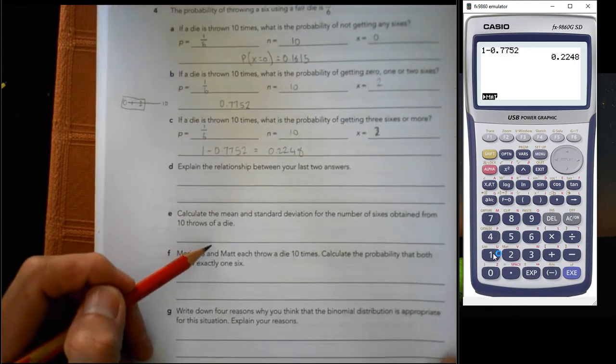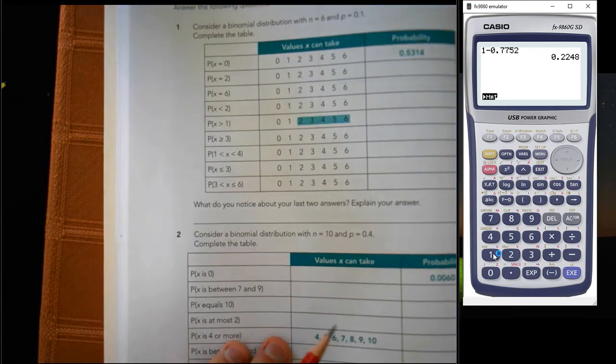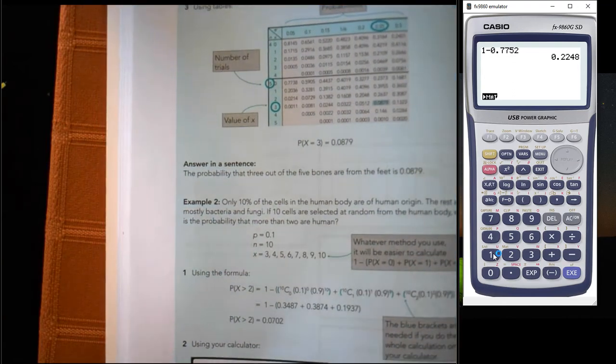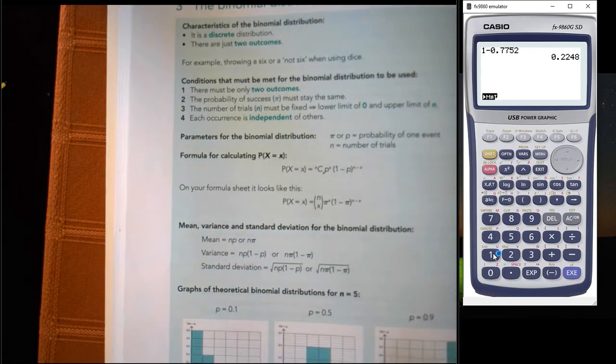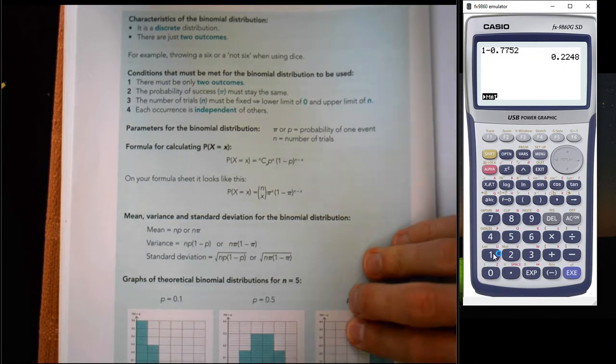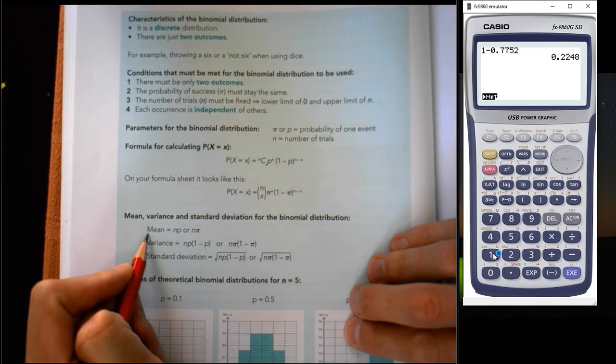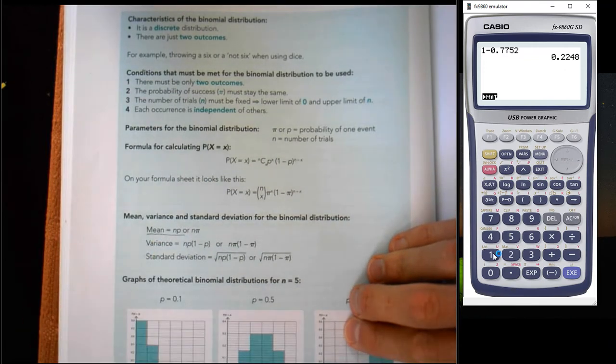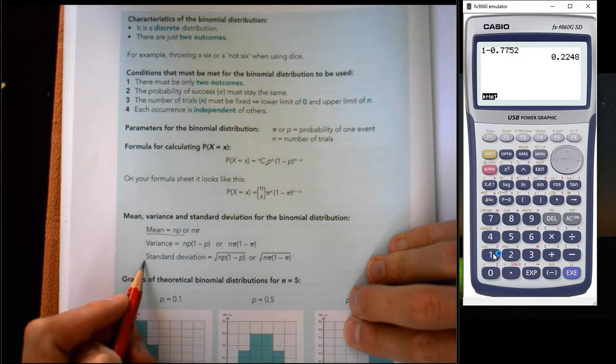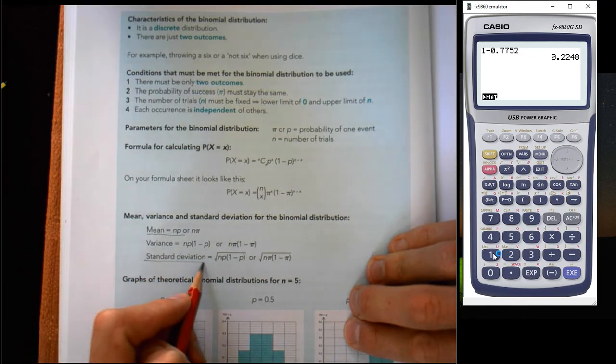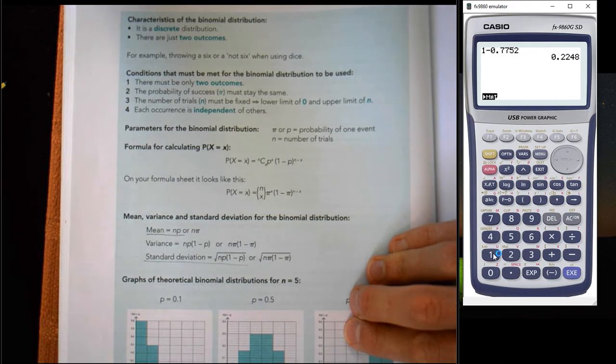The mean and standard deviation. For the mean and standard deviation, you can see that the mean is just the number times the probability, and the standard deviation is calculated as so here.